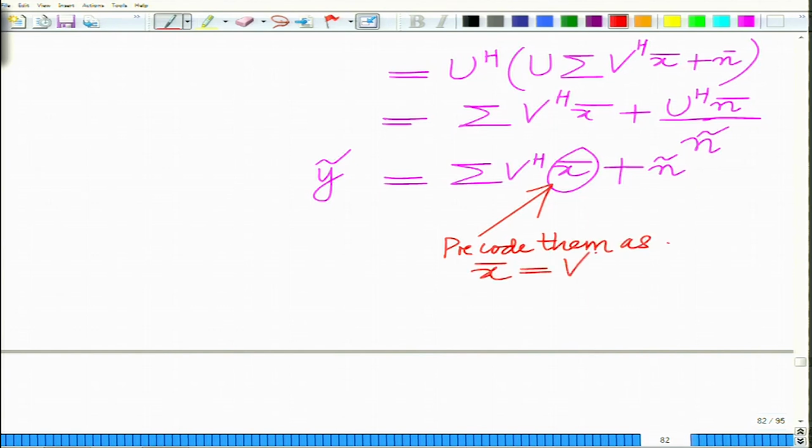x bar equals V times x tilde. This is a pre-coding operation. This V equals the pre-coding matrix.